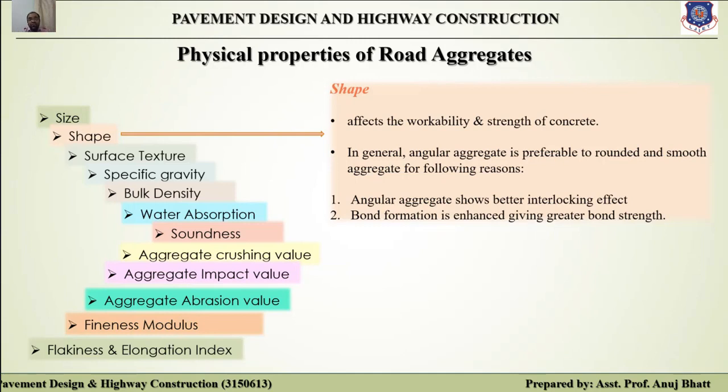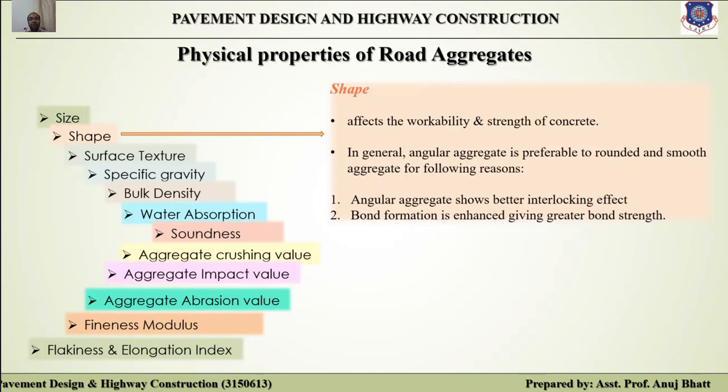There are a few reasons for that. The angular aggregates show a better interlocking effect, which gives a superior concrete. Also, the total surface area of rough angular aggregate is more than that of smooth rounded aggregate.